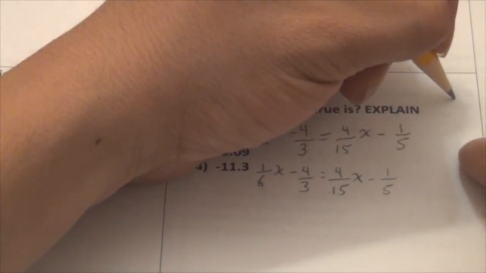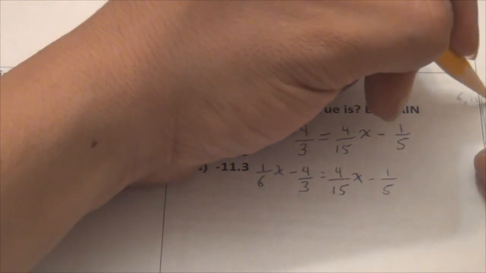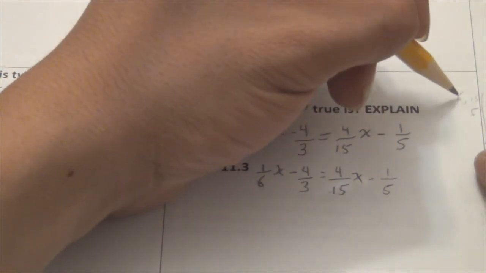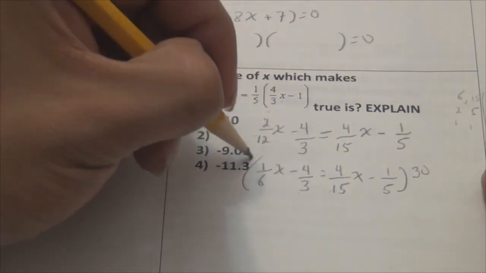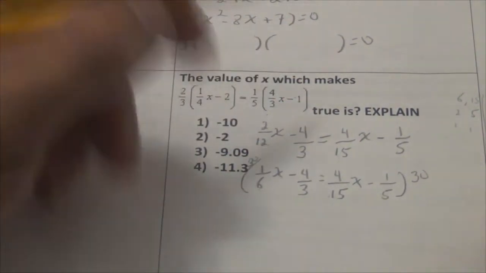Let me check with 6 and 15. Can I divide by 3? Yes. So I get 2 and I get 5. Divide by 2, I get 1. Divide by 5, I get 1. 3 times 2 is 6, times 5 is 30. Okay, there's no way around it. I'm gonna have to multiply everything by 30. So now when I multiply everything by 30, let's see what happens.